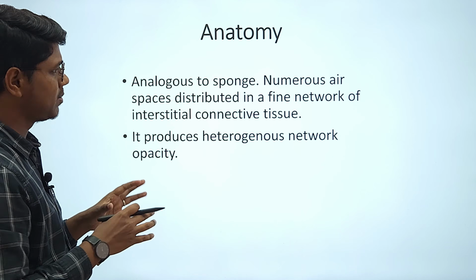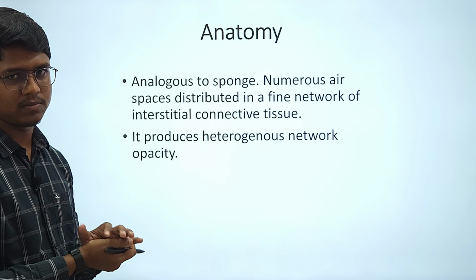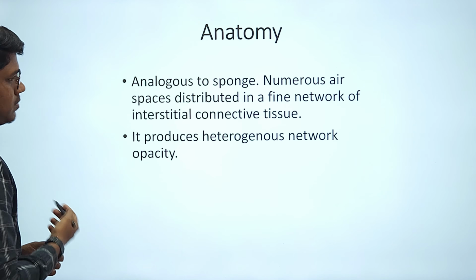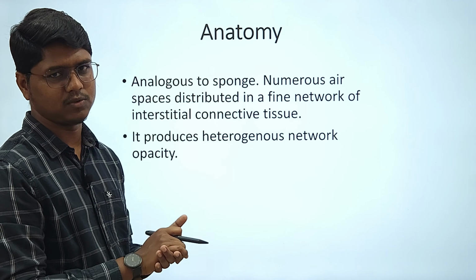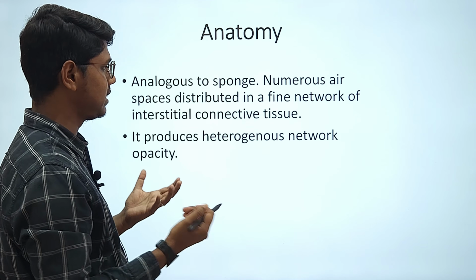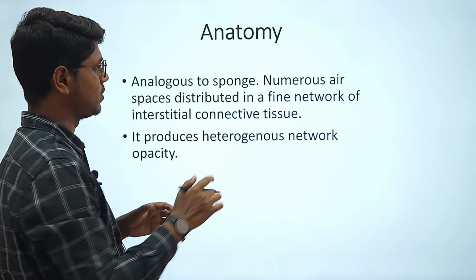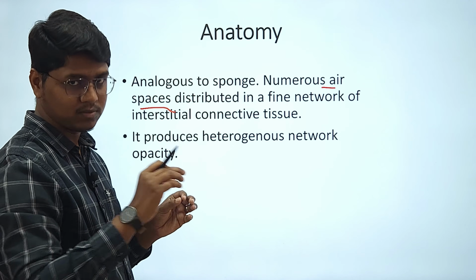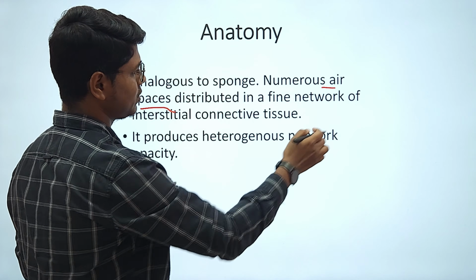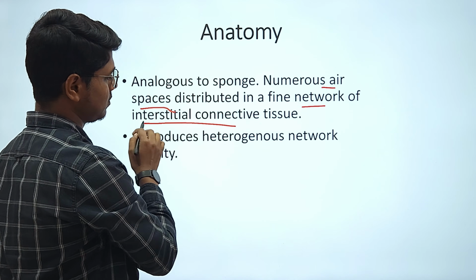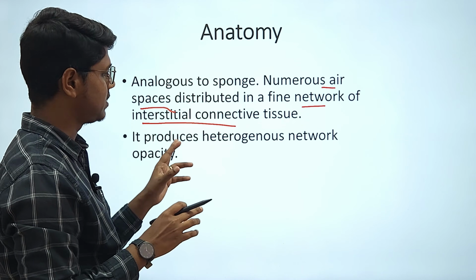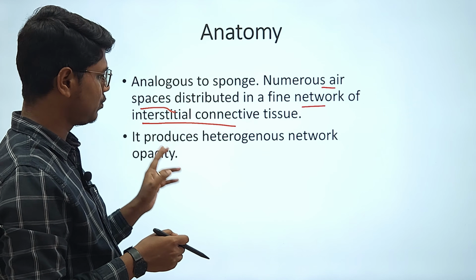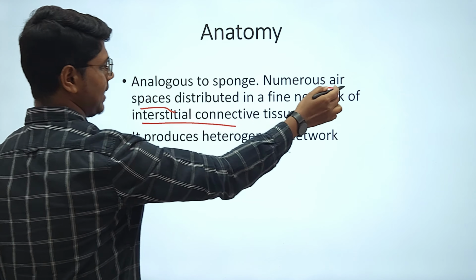The anatomy of the lung which is important from this class point of view is that it is basically analogous to a sponge. In the kitchen, if you are using a sponge, it can be related to that. It has numerous air spaces, analogous to alveoli, and also a network of fibers, which can be analogous to interstitial connective tissue.